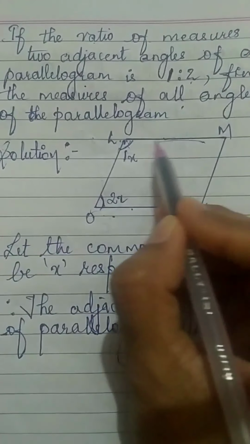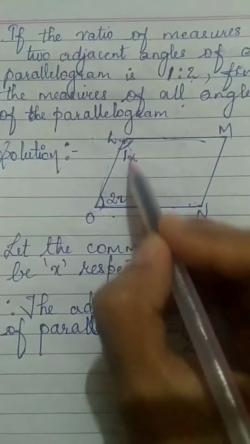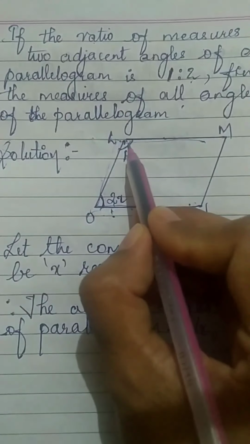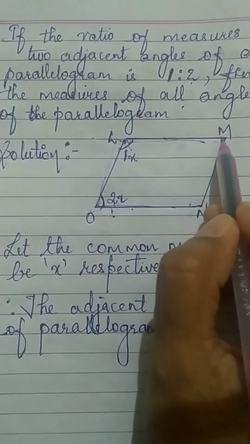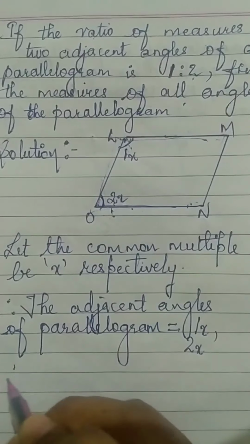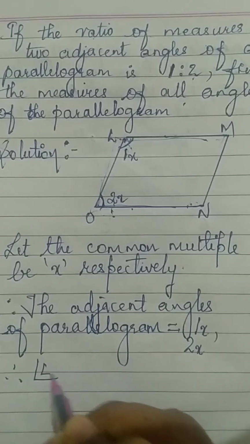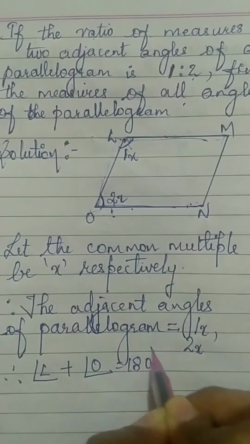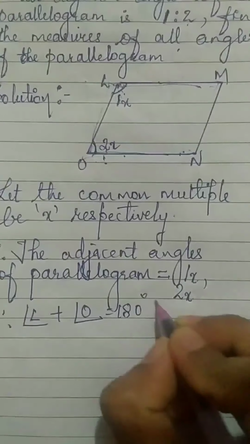Now what do you know about these two adjacent angles? If you are taking these two angles, they are supplementary. So I'll write, therefore angle L plus angle O is equal to 180 degrees. Why? Now I'll write the reason.